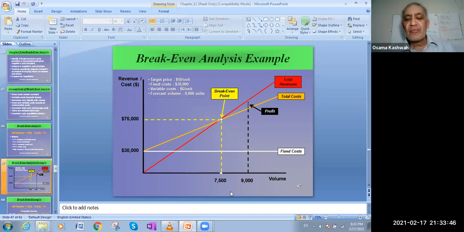So this is the break-even. At this point, there are no losses and there are no gains.